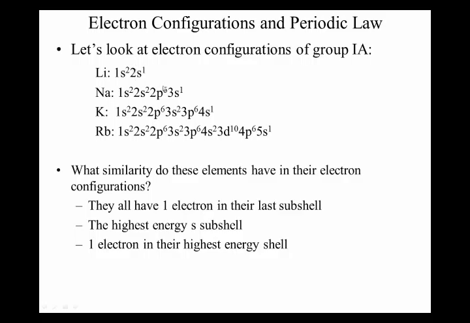There's only one electron in 3 in sodium, and in 4, and in 5. So they only have one electron in their highest energy shell. They all end with ns1, n just being the energy level, so it depends on what row you're in. Lithium is 2s1, then 3s1, 4s1, 5s1 going down the column. But that's the thing that really makes them all similar, and therefore, they have similar chemical properties.